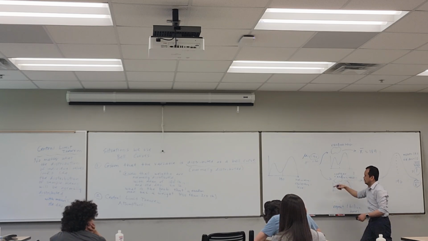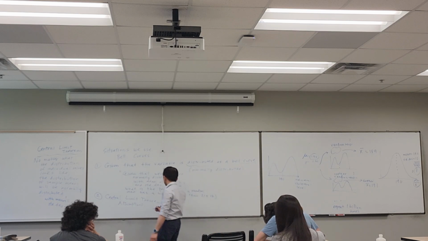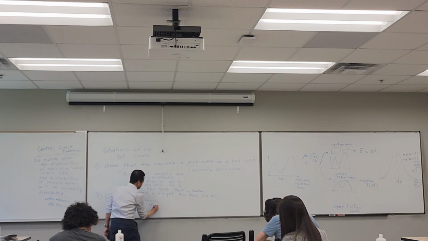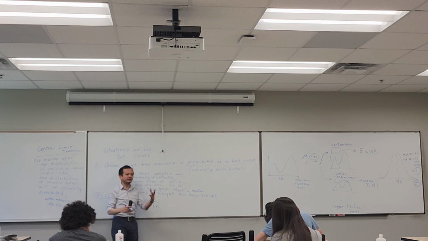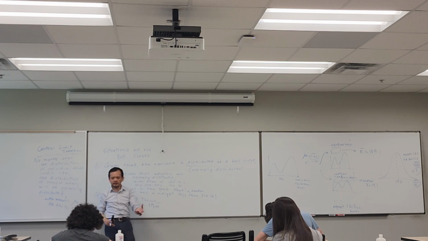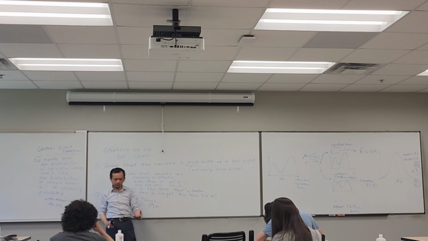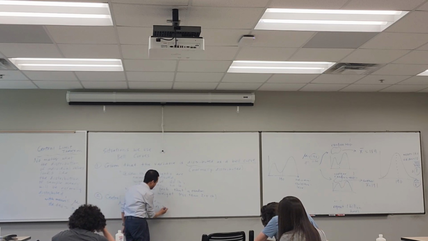So the first assumption is that your sample size n needs to be large, and we don't leave it at that. We actually know how large the sample size needs to be. It turns out that n needs to be at least 30. So the sample size needs to be at least 30.